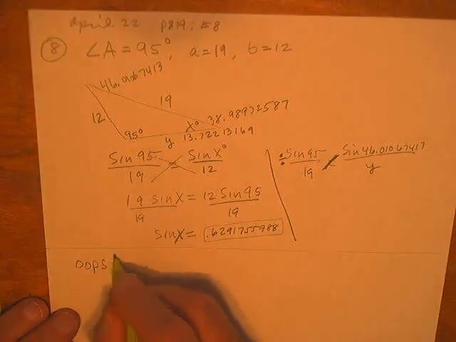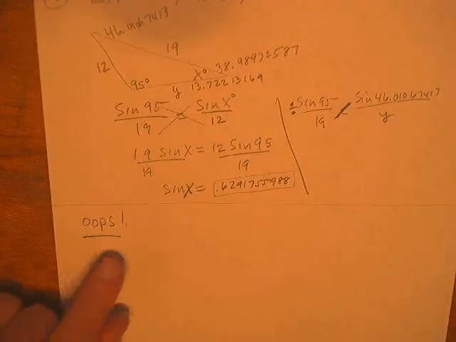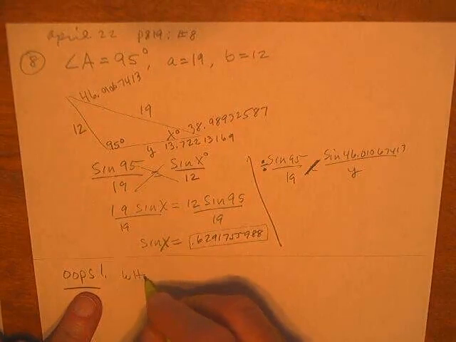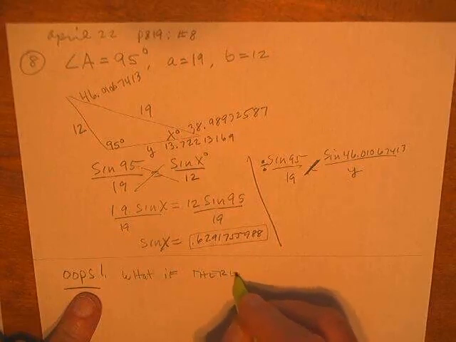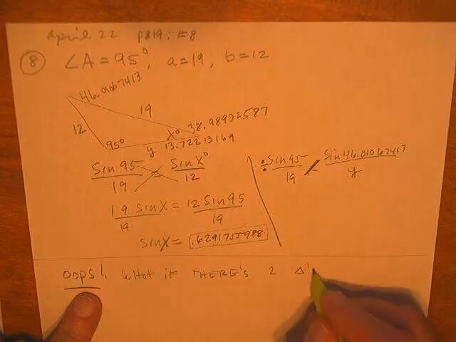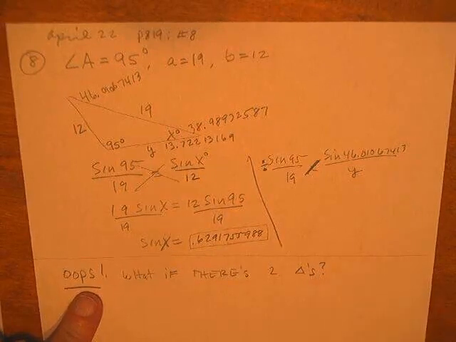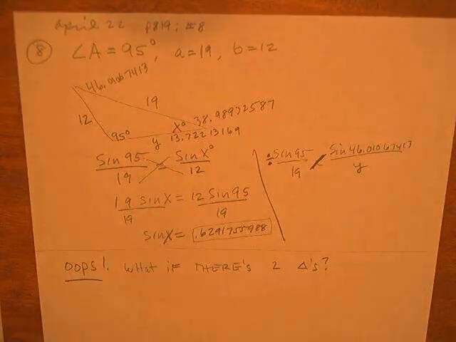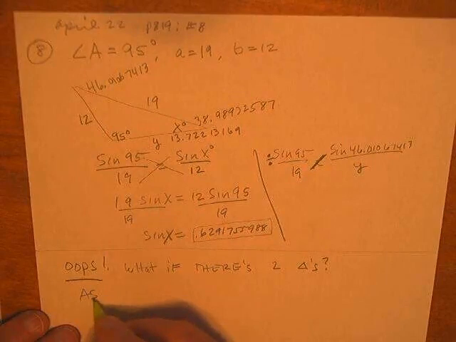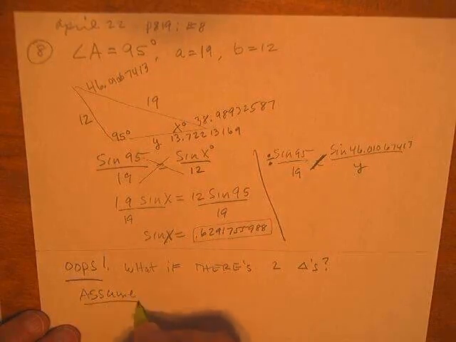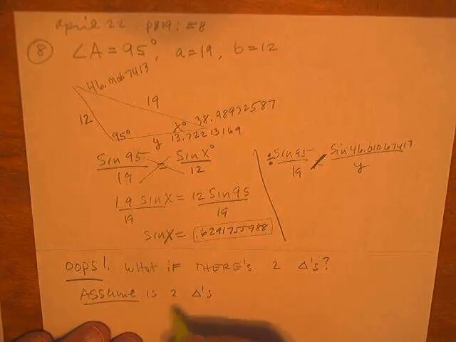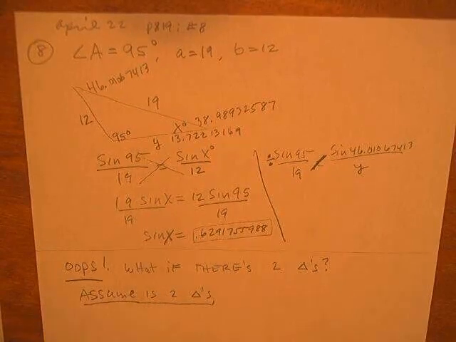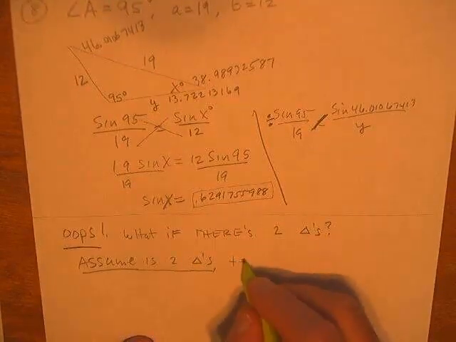Okay? Now, out loud right now say, oops. What if there's 2 triangles? So what I'm going to do is assume there is. We want to assume there is 2, and we'll test it.